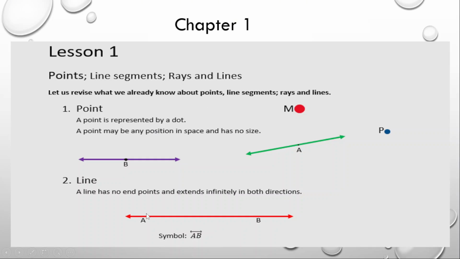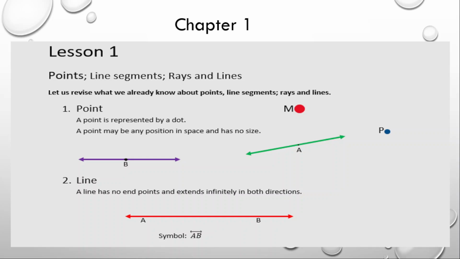You can even see here, we can't see the point, but it's marked A, and we can see the point there, it's marked B. So let us just go over that again. A point is represented by a dot, right? Capital letters to give them names, and it can be any position in space, and it has no size.